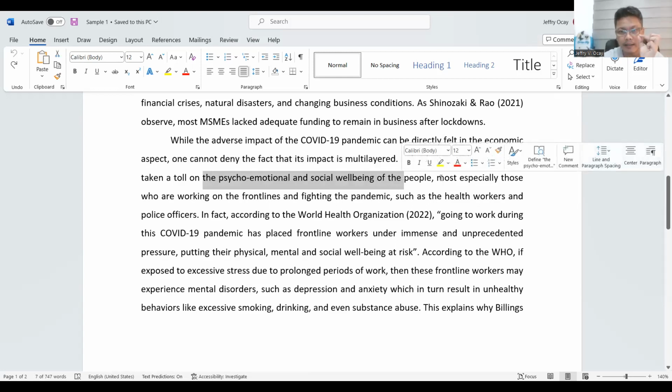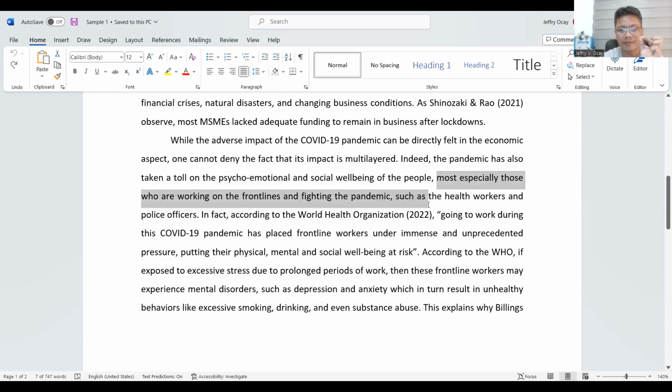But I zeroed in on the frontliners, health workers, and the police officers, and I zeroed in further on the police officers. So you see how my background of the study is in line with the working title of the proposed research.